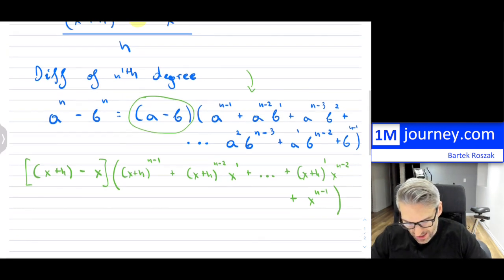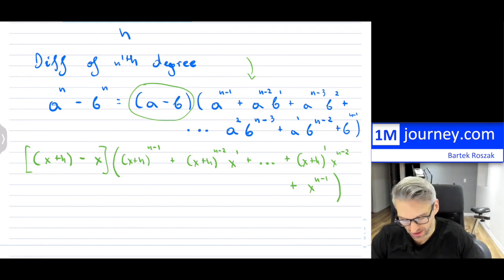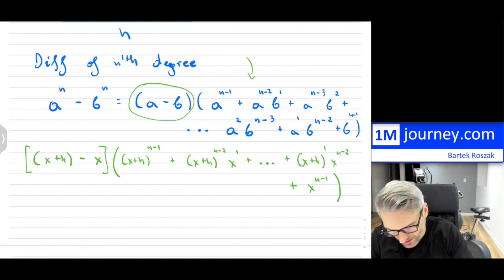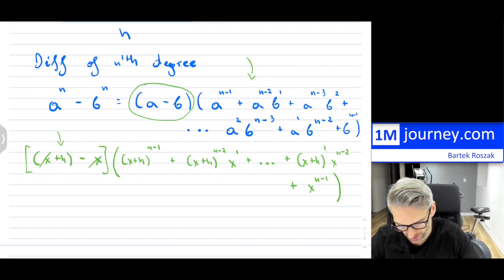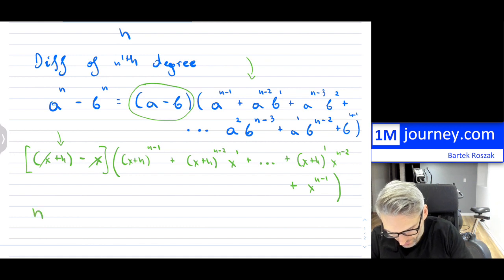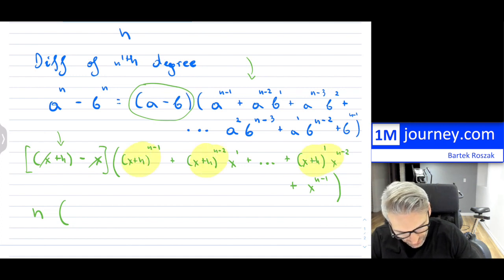Now, why does this help me? Well, notice that this x minus the x is just going to have an h in front here. So I'm going to have h multiplied by all of these things in here.